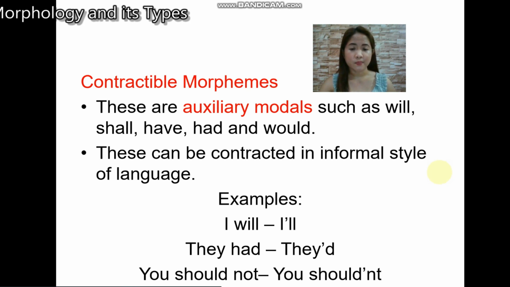Say, for example, instead of saying I will, just say I'll. Instead of saying they had, just say they'd. You should not, you shouldn't. These are examples of contractible morphemes.